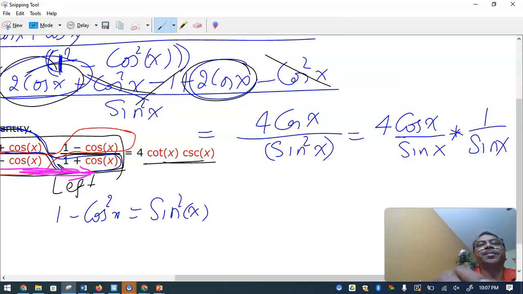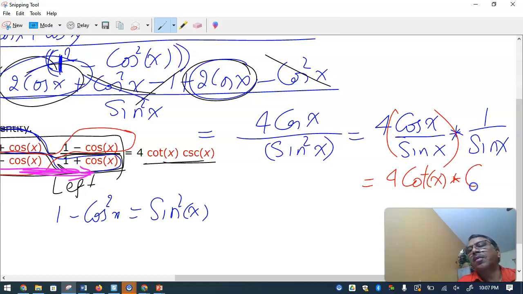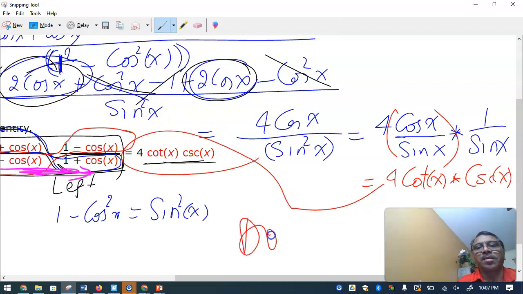So now, this cosine over sine will be cotangent of x because of the reciprocal identities. And this is cosecant of x. And if you see this, that's what it is. We're done.